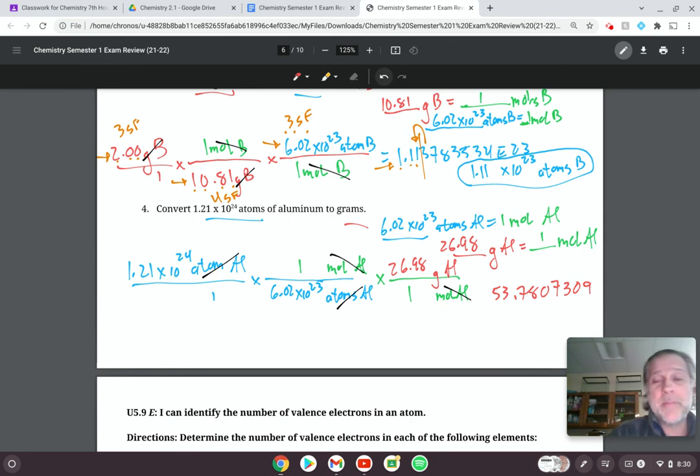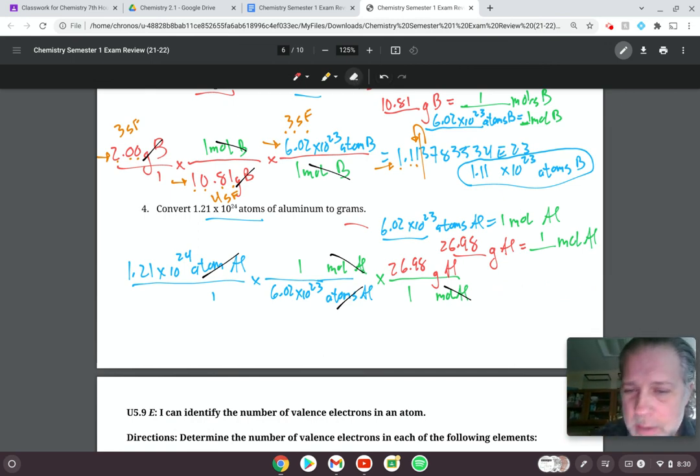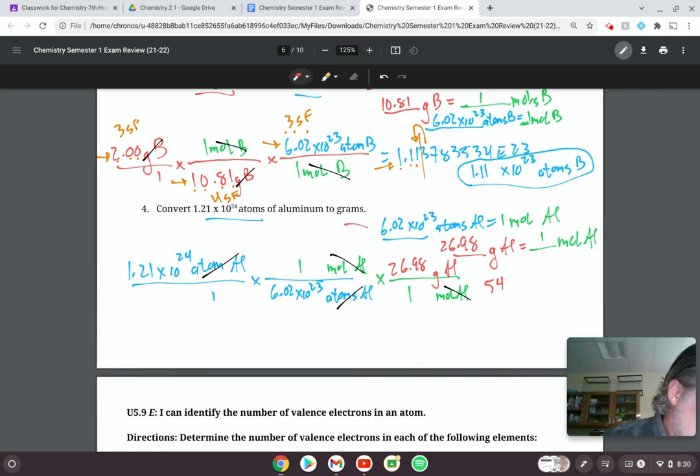Oh, I miscalculated. Hold on one second. 1.21 times 10 to the 24th divided by 6.02 times 10 to the 23rd times 26.98. Yeah, I made a mistake. I used 1.20 instead of 1.21. So my right answer should have been 54.2228... Now we have to assess significant figures.